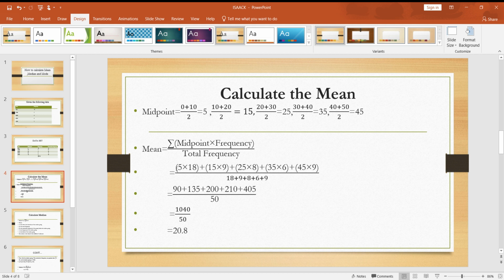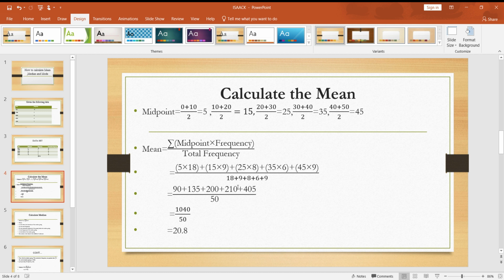As we had said earlier, 5 is the midpoint of the first class, 15, 25, 35, and 45 are the midpoints of the other classes. Then 9 is the frequency, 6 is the frequency, 8 is the frequency, 9 is the frequency, and 18 is also the frequency. Then 5 times 18, you get 90. 15 times 9 you get 135. 25 times 8 you get 200, plus 35 times 6, that is 210.